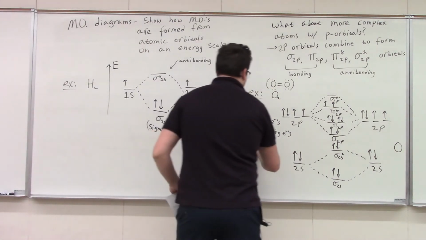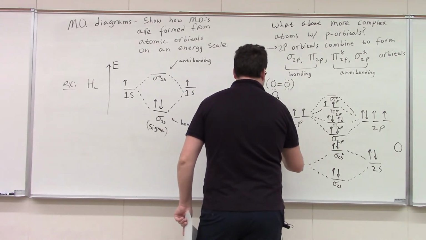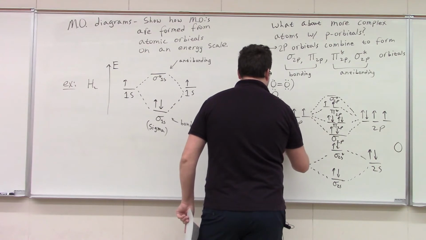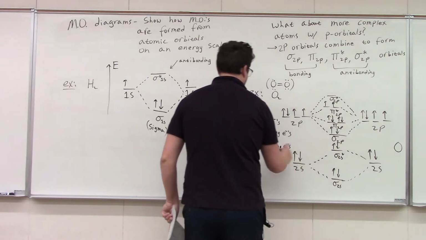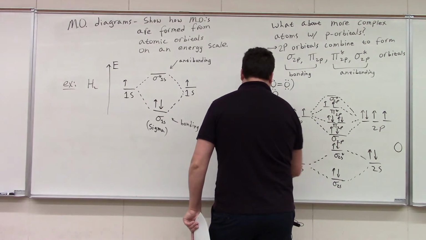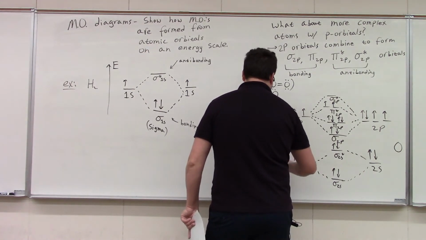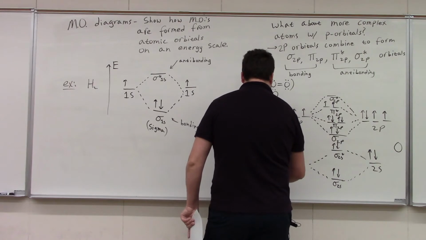And so it's going to equal the number of bonding electrons minus, do parentheses here, the number of non-bonding, or anti-bonding, excuse me, electrons, and we're going to multiply that by 1/2.